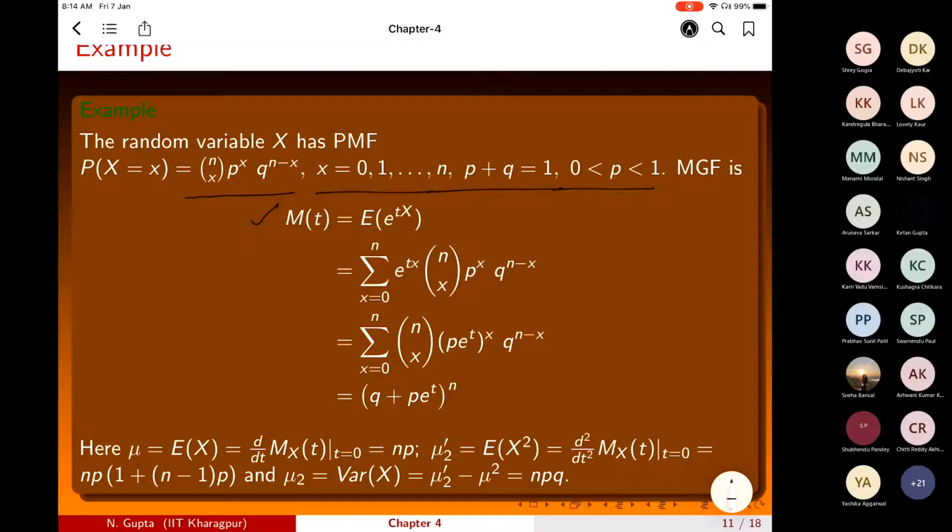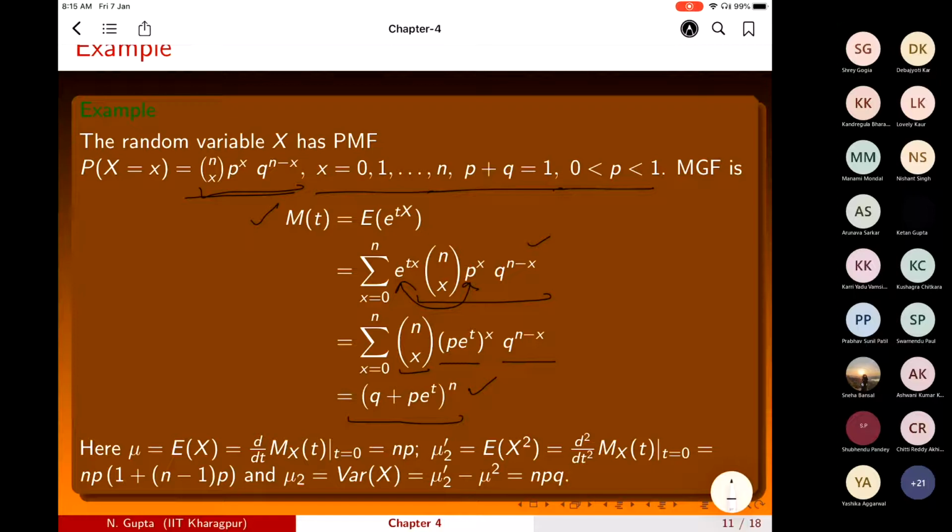So this will be the sum of e raised to power tx, nCx, p raised to power x, q raised to power n minus x, because e raised to power tx is multiplied by the probability mass function. Combining these values, this will be nCx, p e raised to power t raised to power x, q raised to power n minus x. Now you know that this is the binomial expansion of q plus p e raised to power t, raised to power n.